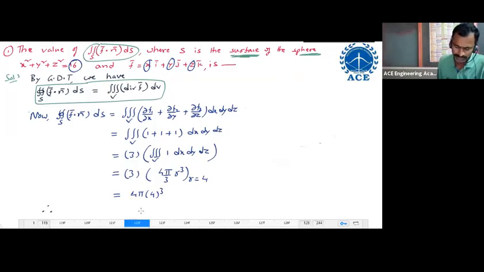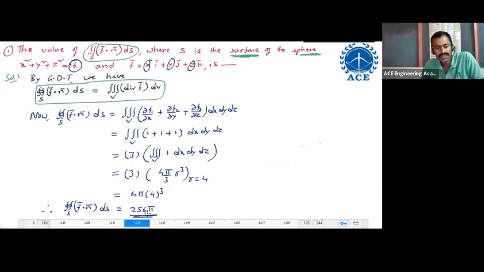Therefore, the double integral over S of F bar dot n bar dS equals 256 pi. This is the advantage of the Gauss divergence theorem. If you don't have this theorem, you have to evaluate using the surface integral, converting the surface to a double integral, which takes more time. So this is a simple method.